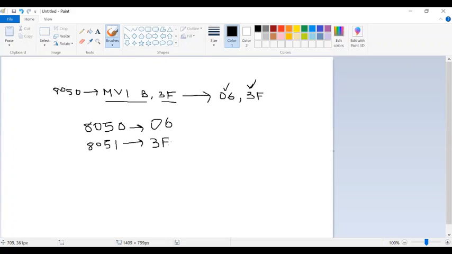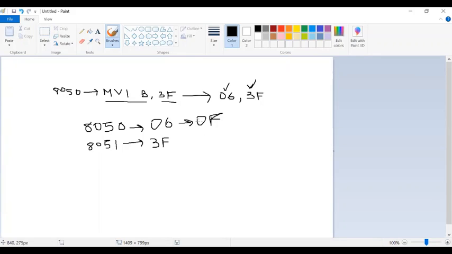So these 5 types of machine cycles exist, but which machine cycle is required depends on the function of that particular instruction. According to the function of this instruction, can anyone tell me what will be the first machine cycle? Opcode fetch. The opcode fetch machine cycle is required to fetch this 06.